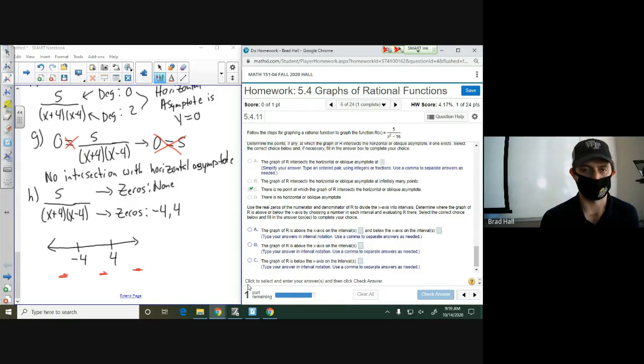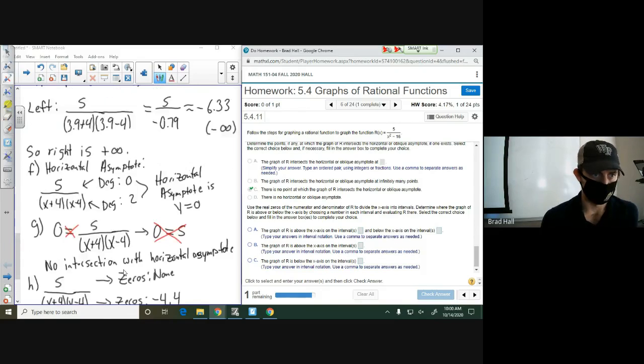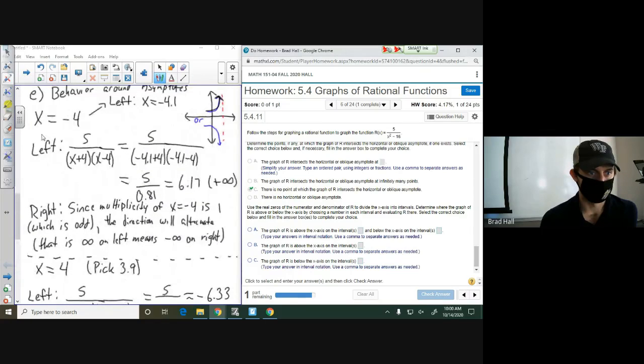Now, the fortunate thing for us is that we actually already found this answer, because we already know the behavior around the asymptotes. So let's go ahead and scroll up and see what we found.